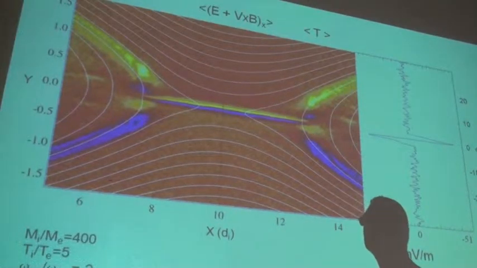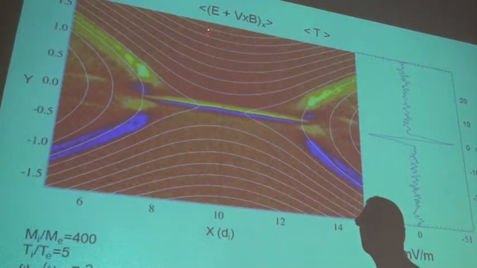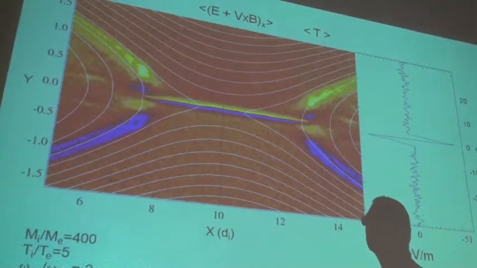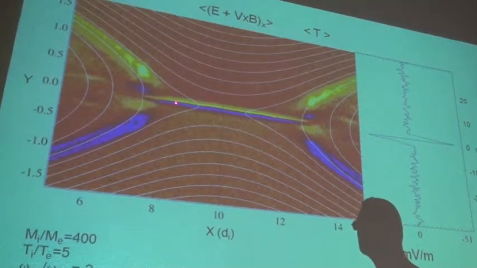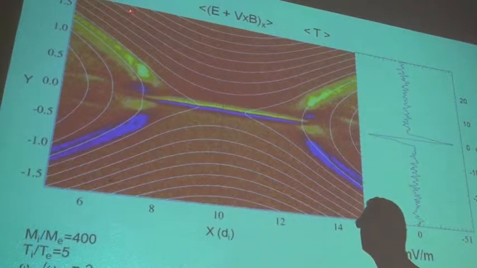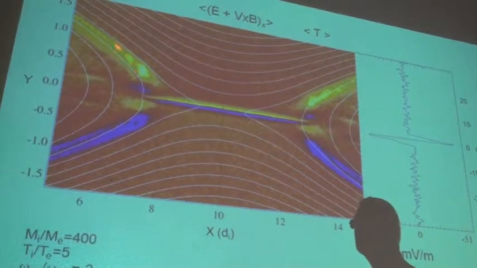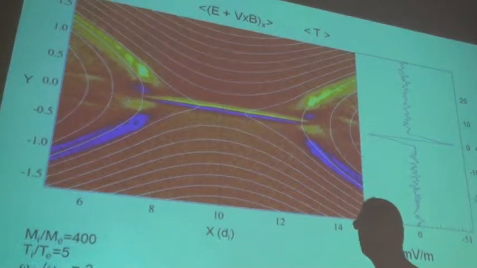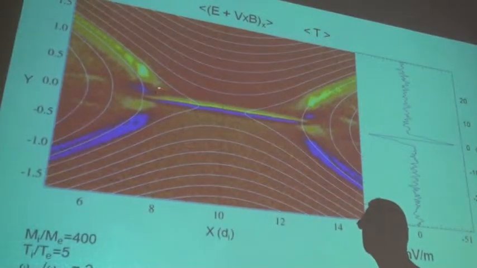What actually happens in this picture is plasma flows into these regions from below and above, and then gets jetted out at very fast speeds off to the left and the right through this region, flowing through either these regions here, which are called separatrices, that are associated with this geometry, or through this diffusion region.